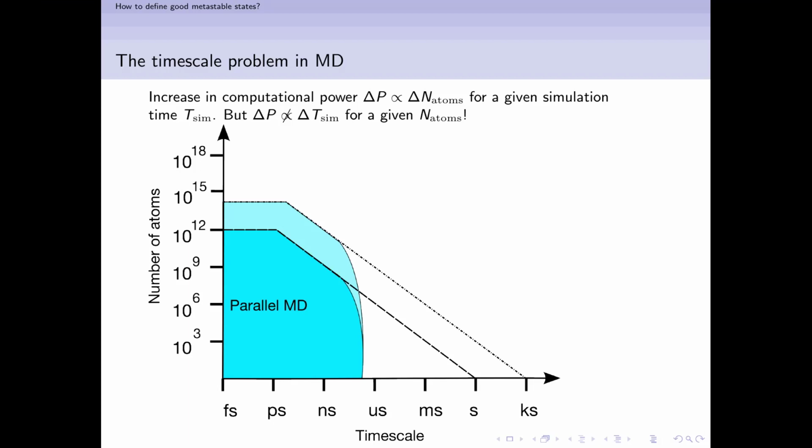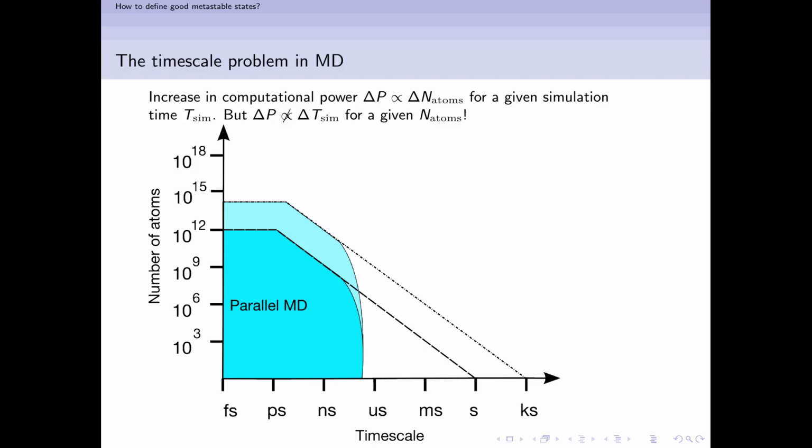And that's a big problem because the phenomena we want to access are in a timescale range that we can't presently access. In the ideal case where the scaling is linear in both time and space, is this region here.